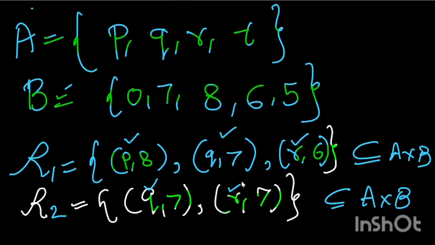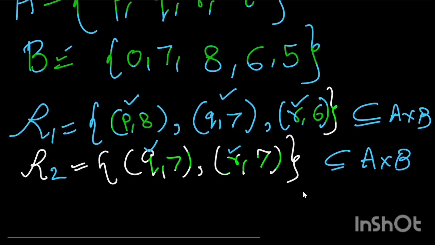Okay, so Q, R, P are part of set A, and 8, 7, 6 are part of set B. In R2 also, Q and R are part of set A, 7 is part of set B. Okay, guys, so this is what we have seen so far, an ordered pair representation, but we used it for defining the relation also.